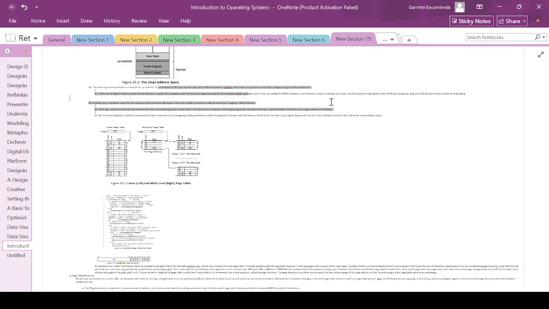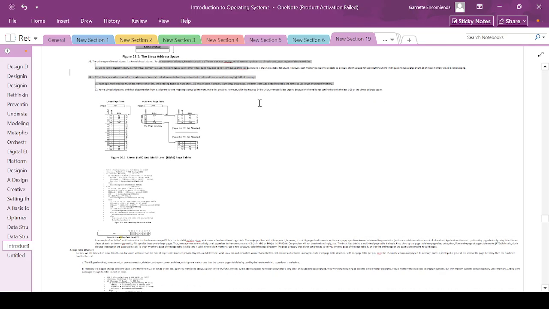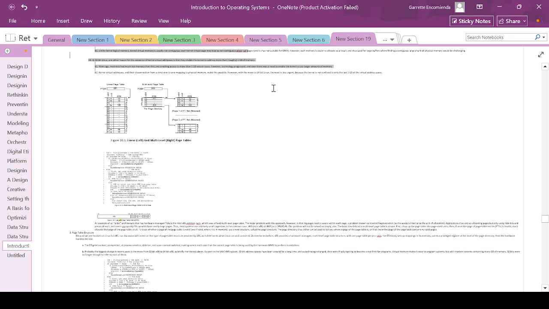Years ago, machines had much less memory than this, and enabling access to more than 1 gig was an issue, because again we have that segmentation problem where non-contiguous memory ends up being fragmented externally. However, technology progressed and soon there was a need to enable the kernel to use large amounts of memory.